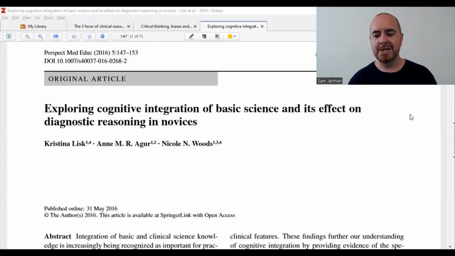Far transfer is so dissimilar that the thing that you're applying is often difficult to actually see, touch, hear, smell. It's very different. So far transfer is better characterized as intangible concepts that are stable between contexts.